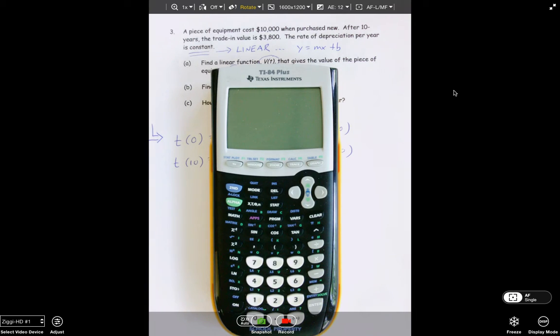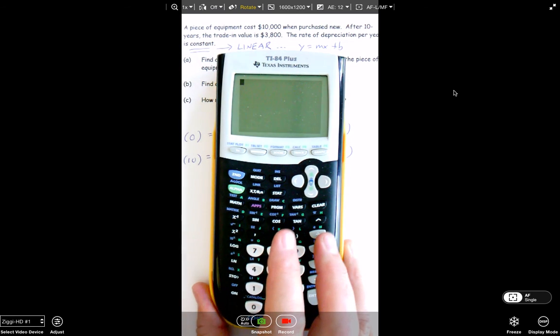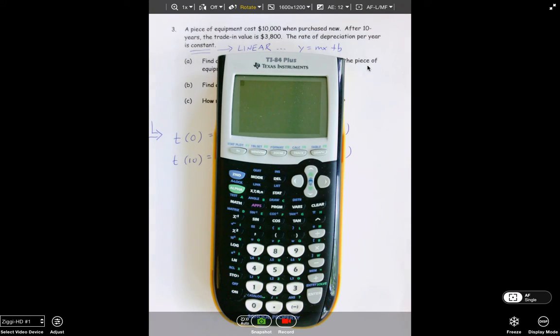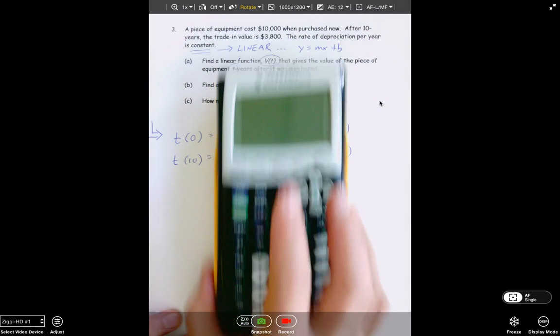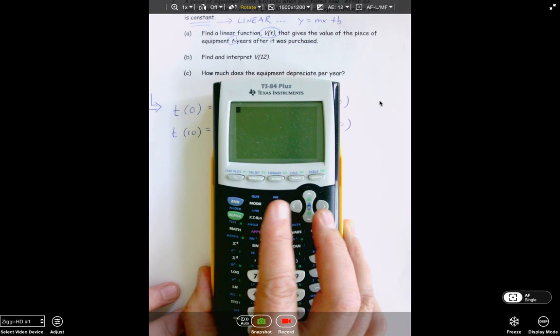Between the UPS man, the dogs, my daughters tell me all the time, Daddy, you sure do have a lot of calculators. So yeah, I do.